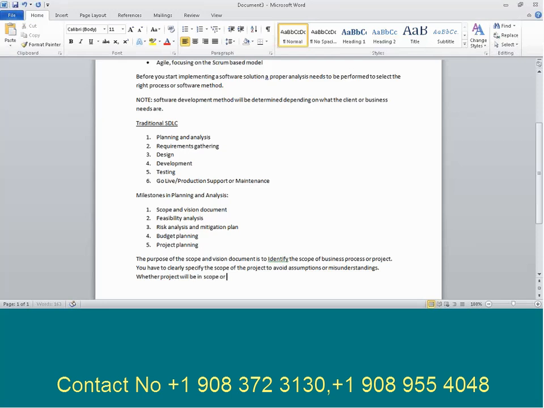All right. Now we know what the purpose of scope definition is, because we need to identify and clearly log down. See, again, what happens is the stakeholders or the client, whoever is asking for automating this business process, there is a very likely possibility that they keep adding more and more items to the scope.